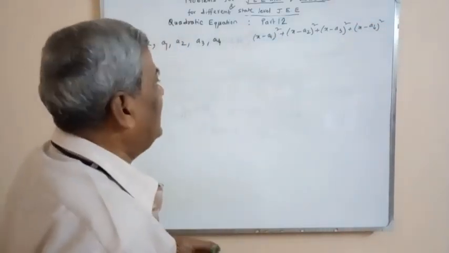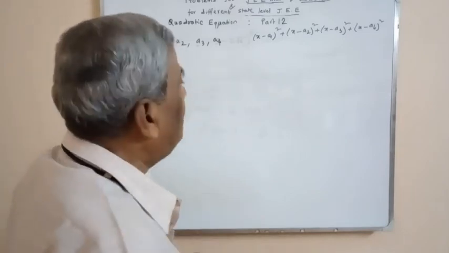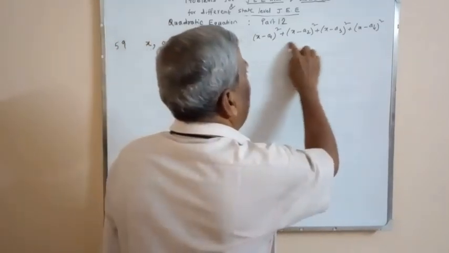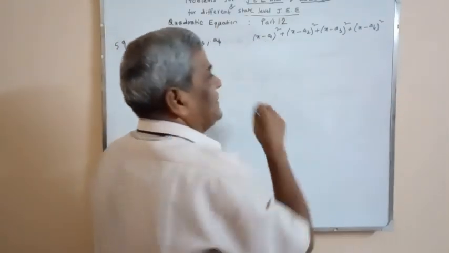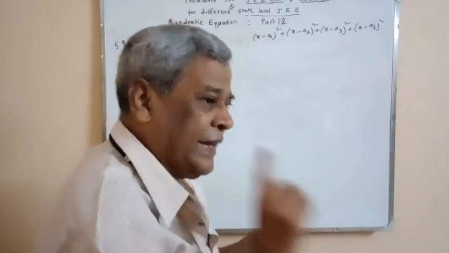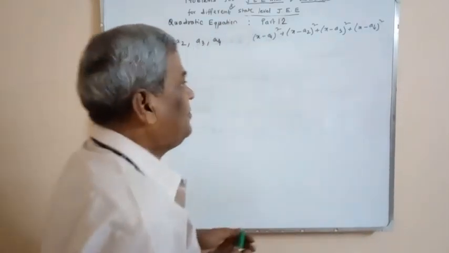So we are given that these 5 quantities are real. Then we have to find the value of x for which this is least.